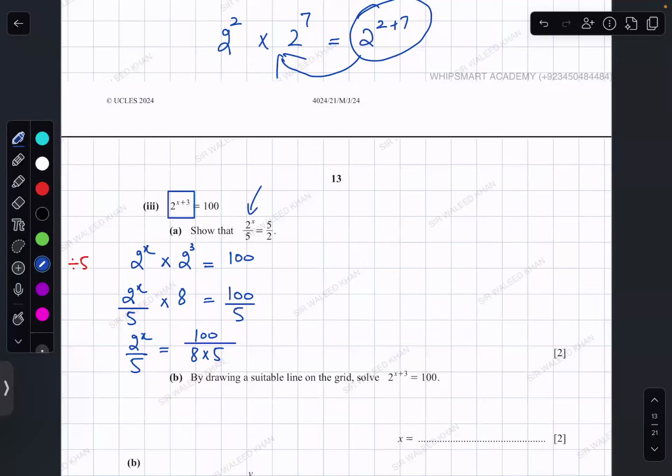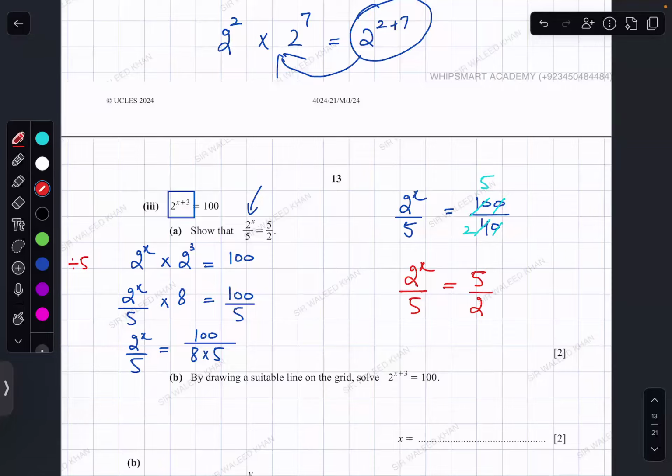There is already a number 5, so that becomes 40. 2 power x is equal to 100 over 40. I can get it simplified: 2 times 5, 2 times 2 times 5. So there you go. We have 2 power x over 5, which is equal to 5 by 2.